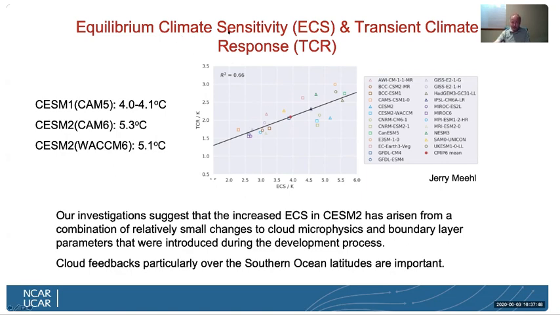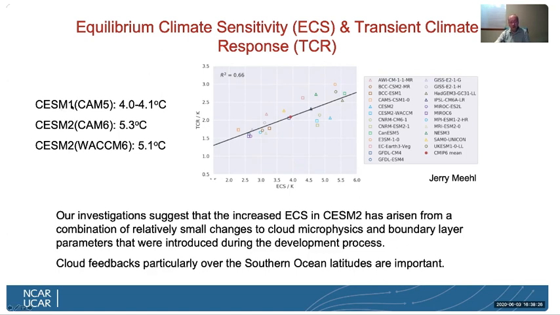For those of you who do not know what it is, it is the change in surface air temperature at equilibrium at CO2 doubling. This is an unattainable quantity in a sense, because we never run these simulations to equilibrium. It is estimated from relatively short, order 150 to 200 year coupled simulations in which CO2 is either doubled or quadrupled, or you can estimate it simply from slab ocean models.